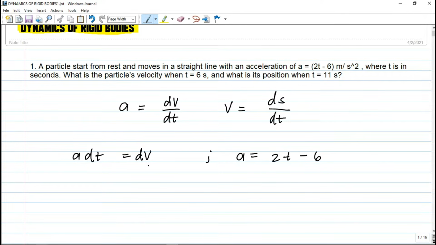differential equation here, we can actually find the velocity. We can do that by substituting the equation for a, that is a function of t, here in order for us to integrate. So we have here dv is equal to a dt, wherein a is 2t minus 6, we have here dt.